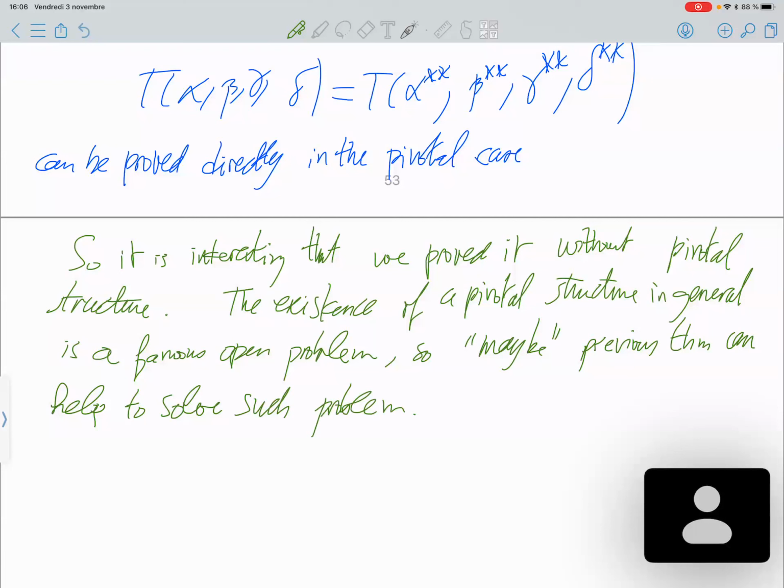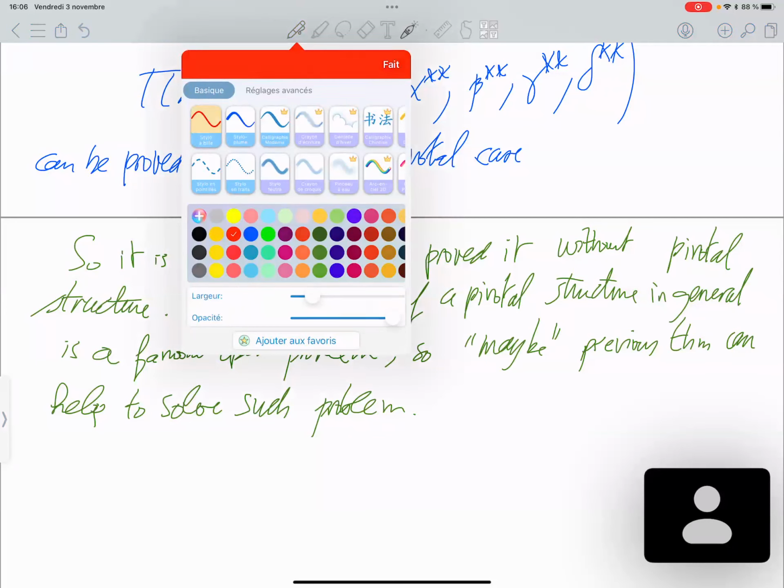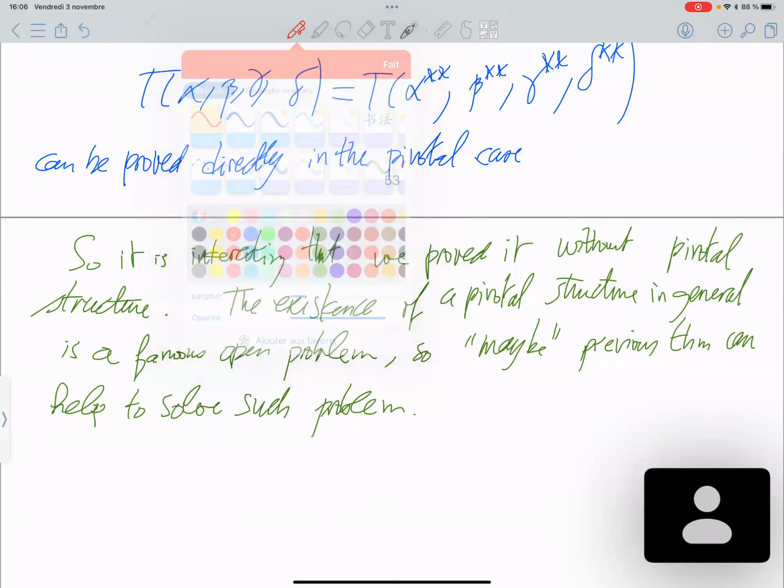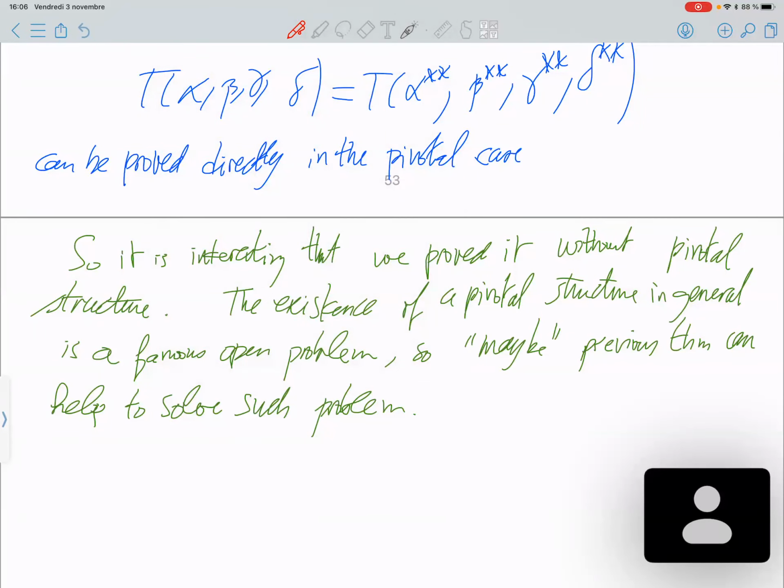But I did not think about that. So maybe not at all. I don't know. So it's just a remark like that. I did not check, I did not try. So okay, we can make a pause.